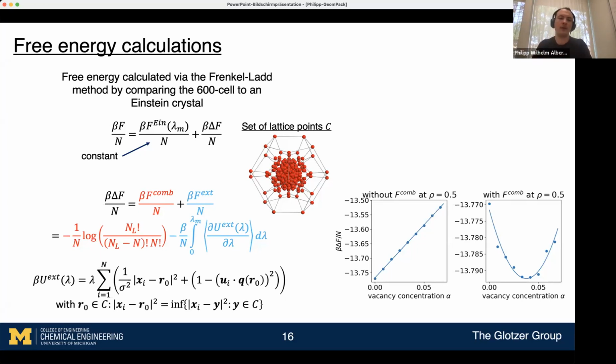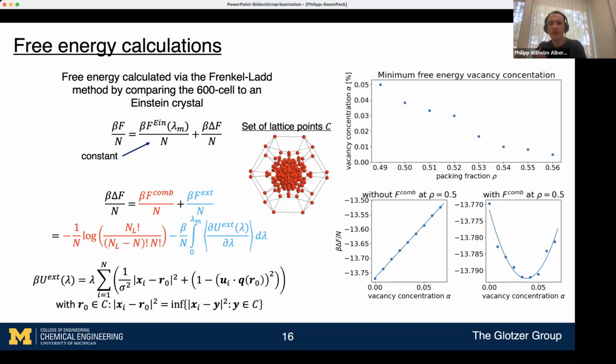However, if you consider this contribution, you can see that you get a vacancy concentration which is non-zero, but a little bit above. And this is exactly around 580, 585 at the critical density where the particles go from a liquid phase into the 600 cell phase.